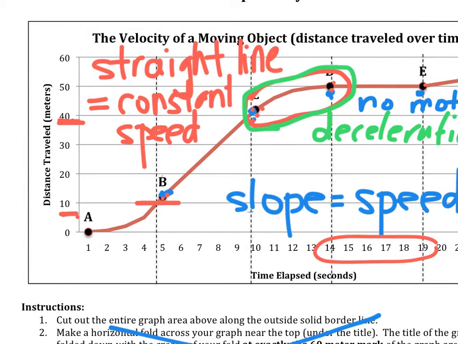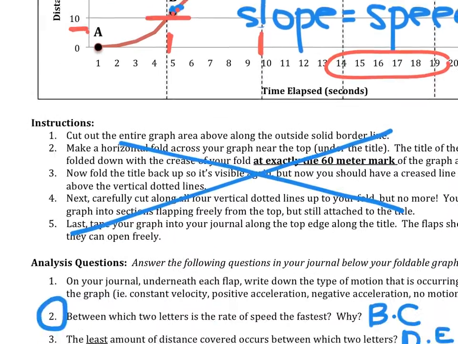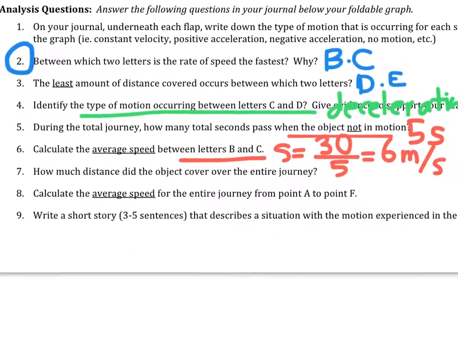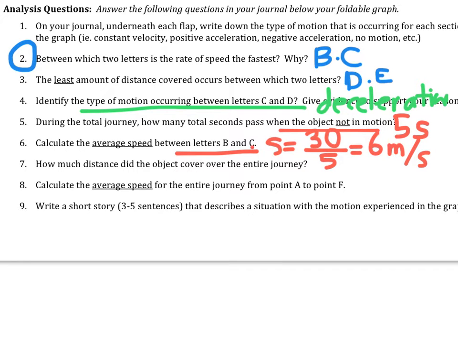That's a distance of 30 meters, and they did that in 5 seconds, between 5 and 10 seconds. So 30 divided by 5 is 6 meters per second. So that's our average speed between B and C. That was number 6.